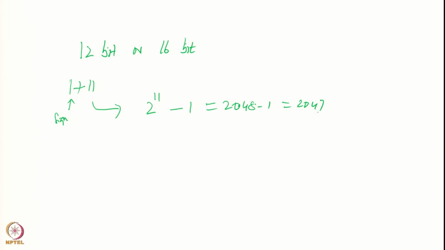Therefore, in your FID, when you add up the intensities of the small signal and the large signal at a digital point, it should be below 2047. Or let us say you have a possibility of scaling it down, I multiply everything by a scaling factor like 1 by 5 or 1 by 10 or something, that is the scaling factor.